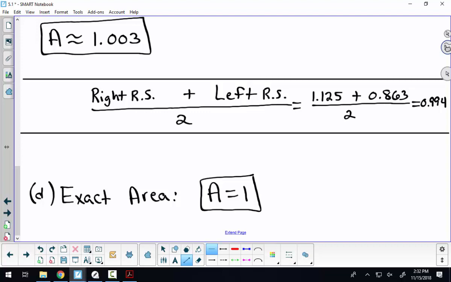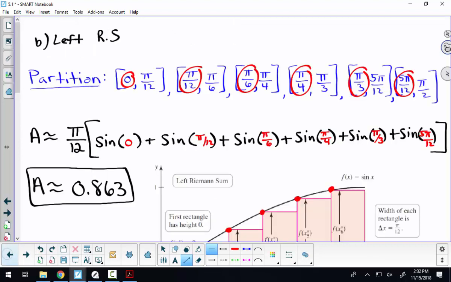Like I said, it's not until 5.2, the next section, where we look at computing an exact area the hard way. And then towards the end of 5.3, we look at a shortcut way to compute the area exactly. Do y'all have any questions on that example? Is there going to be a reason why we would do the left or right?